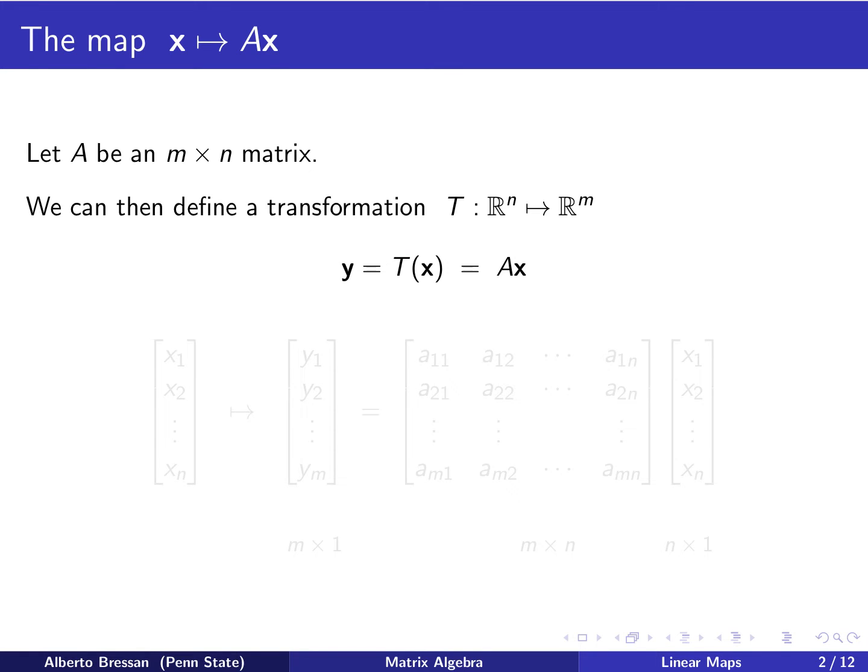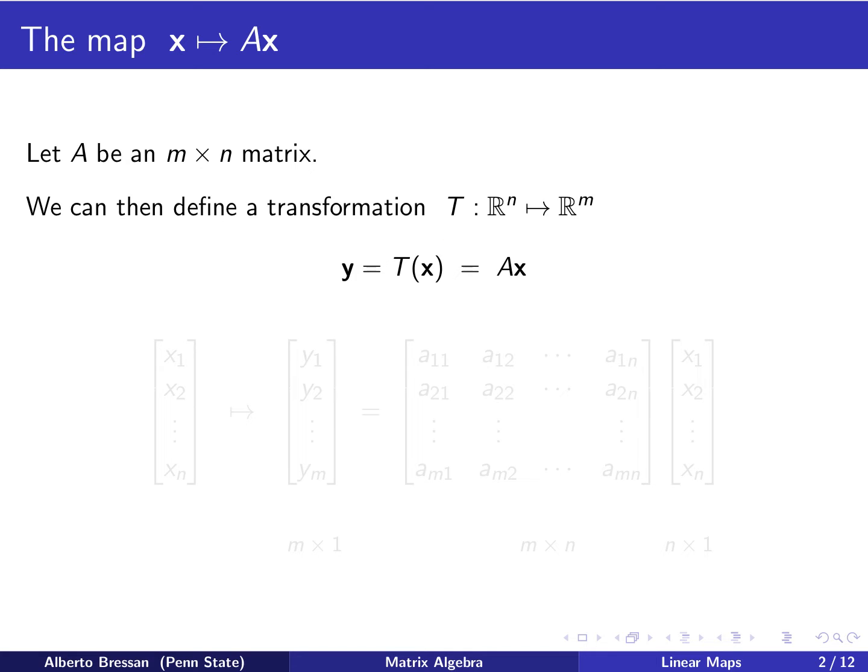Now let's consider a matrix A, which is a matrix of dimension m by n. And then we know that A can multiply on the left with a vector and turn it into another vector. So we want to define this as a transformation or as a map. The map is defined as follows.